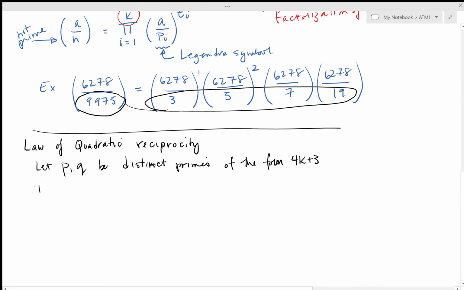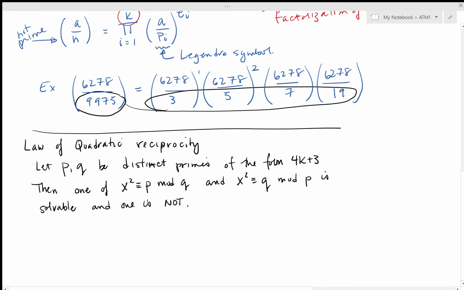Then one of x squared congruent to P mod Q and x squared congruent to Q mod P is solvable, and one is not.